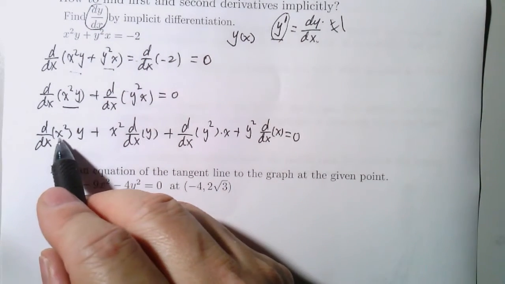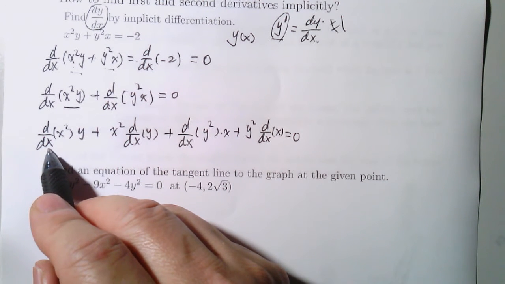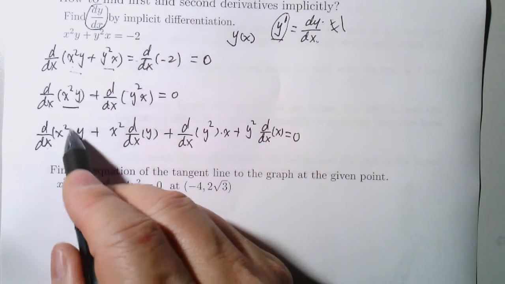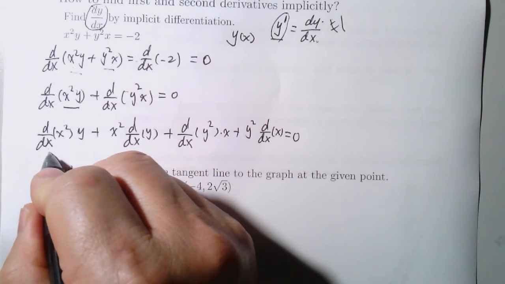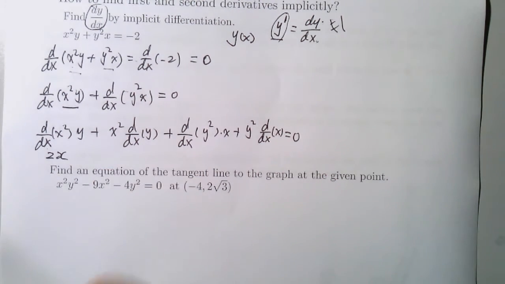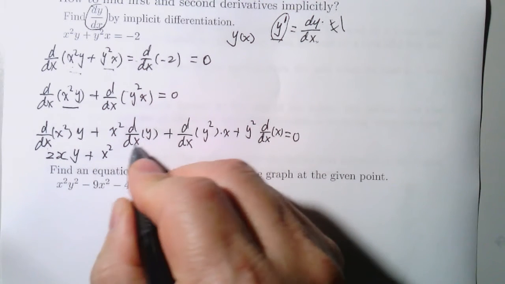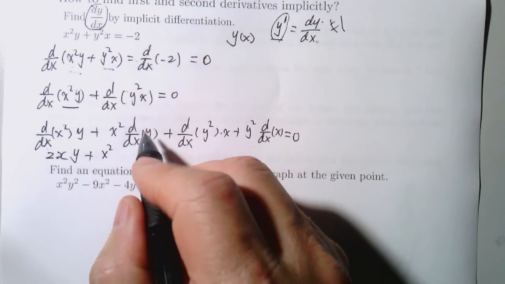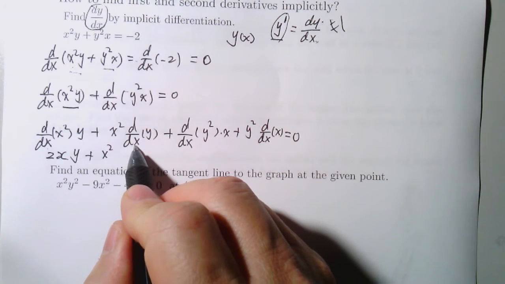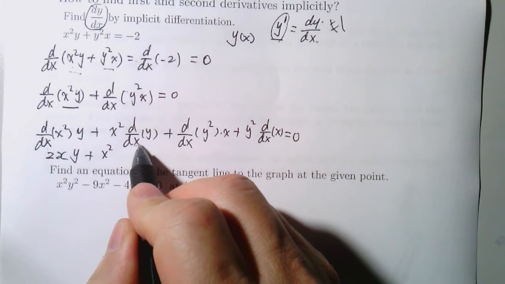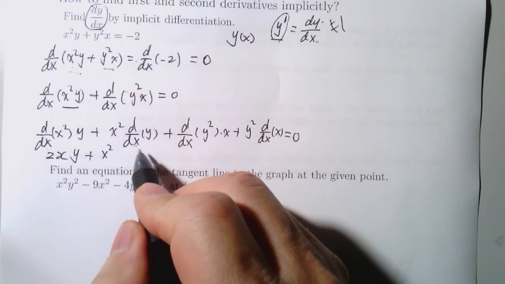Because you take the derivative with respect to x, this is just like a regular derivative: the derivative of x squared is 2x, times y. Then x squared times the derivative of y. As I mentioned, because you take the derivative with respect to x and y depends on x, that is dy dx.